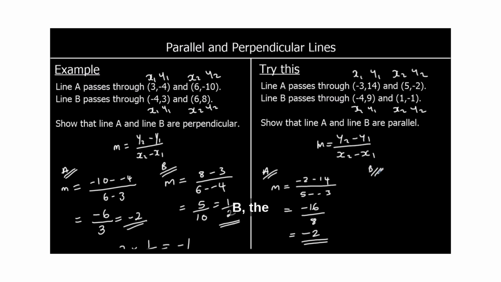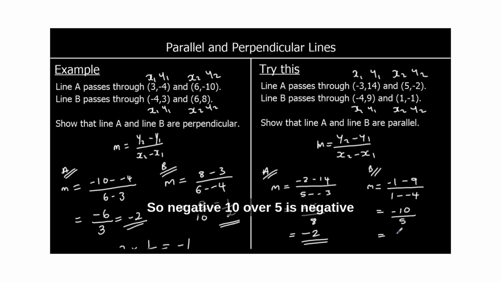For B, the gradient is y2 minus y1, which is negative 1 minus 9, over x2 minus x1, which is 1 minus negative 4. So negative 1 minus 9 is negative 10. 1 plus 4 is 5. Negative 10 over 5 is negative 2. So they've got the same gradient, therefore they are parallel.